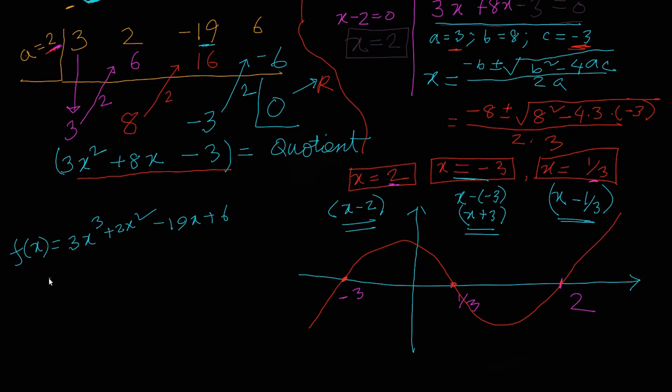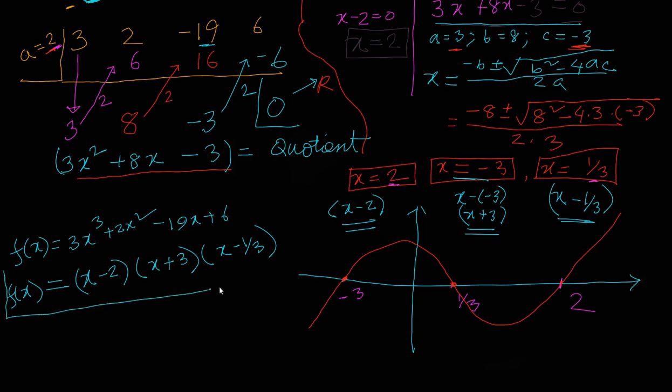So I can write the function of x as x minus 2 multiplied by x plus 3 multiplied by x minus 1/3. So these are basically my solution for this particular problem.